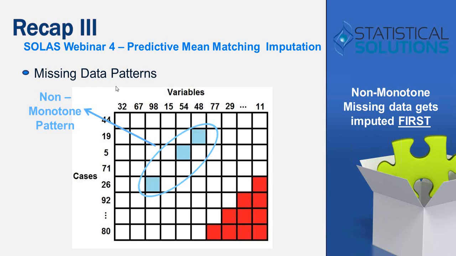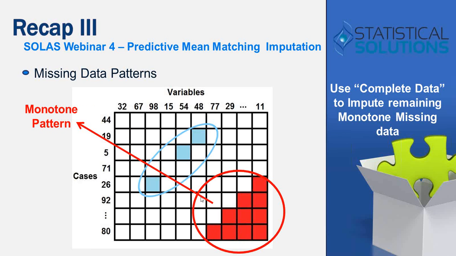And what we like to do is we like to impute these values first. So if you can imagine, after we impute these, we have a pretty much complete data set except for the bottom right hand corner. So then we like to have as much information as possible before we tackle this corner here. And then we systematically impute these values so that by imputing one value, we'll have more information before we impute the next value, and after imputing that value, we have even more information, and so on.